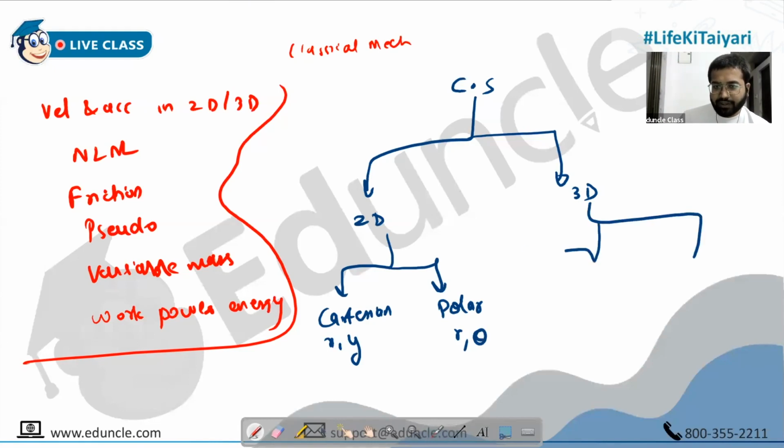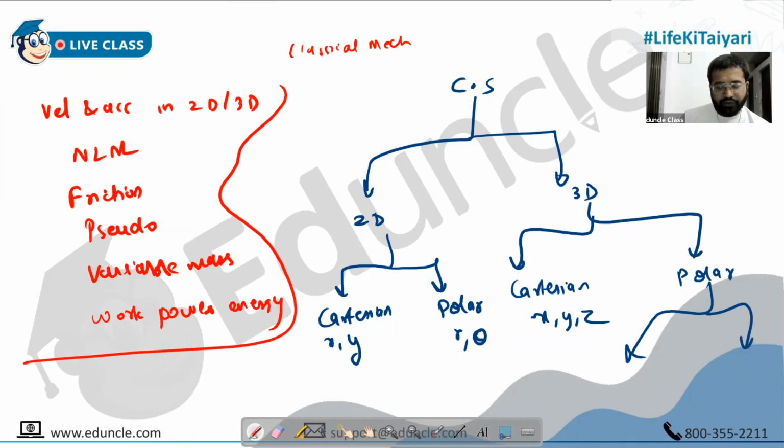In 3D, we have got again actually two coordinate systems. One is again Cartesian, other is again polar. In Cartesian, we have got x, y, z. In polar, we have got two more. One is spherical, another is cylindrical. So yes, in spherical coordinates, we have got r, theta, phi, and in cylindrical, rho, phi, z.